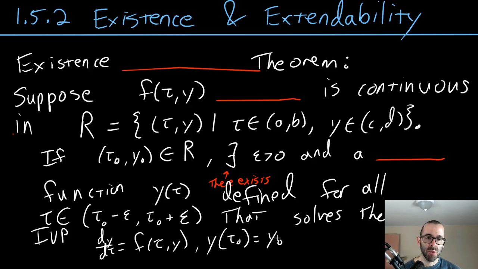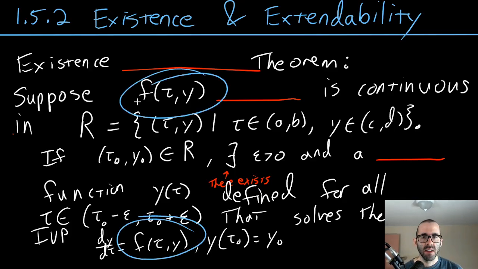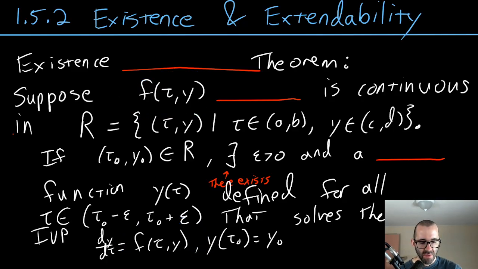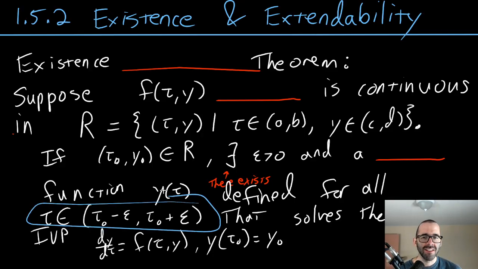So this is a lot of words, right? There's a couple of things to talk about. But basically the summary is, if the right-hand side of our differential equation, our derivative, is continuous in some rectangle, then there's a solution somewhere. The problem is we don't necessarily know how long it exists. Epsilon can be really small, so it's possible that the solution only exists for a tiny amount of time, which could be some problems, but we'll see more of that later.